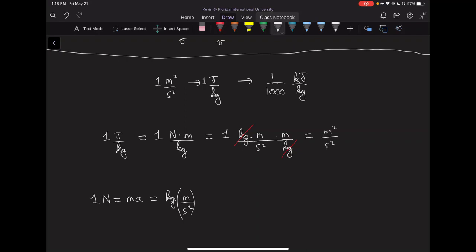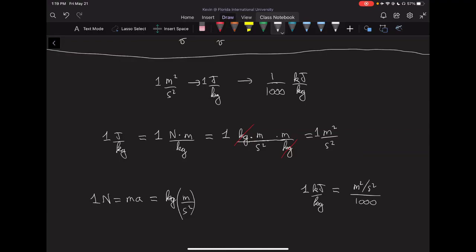So since we know that 1 meter squared per second squared is equal to 1 joule per kilogram, in order to make it work for our equation and to make everything equal, we need to convert it to kilojoules per kilogram. So we can say that 1 kilojoule per kilogram is equal to meters squared per second squared divided by 1000.